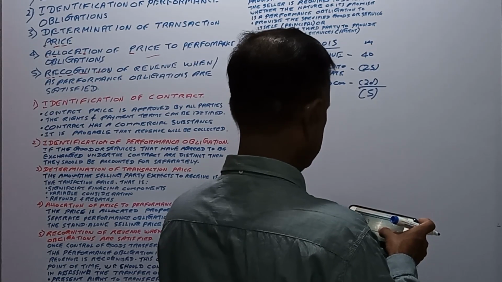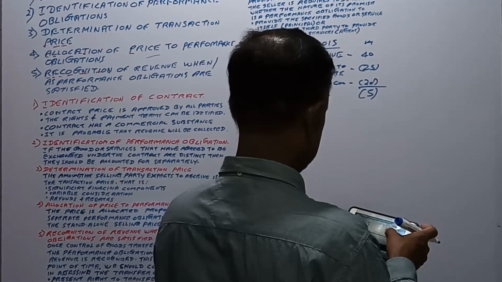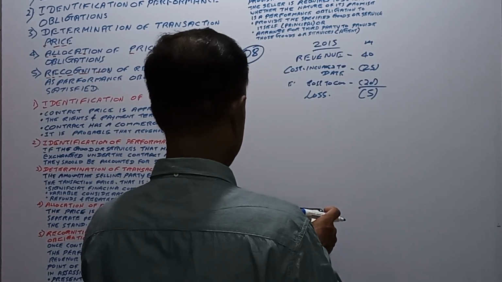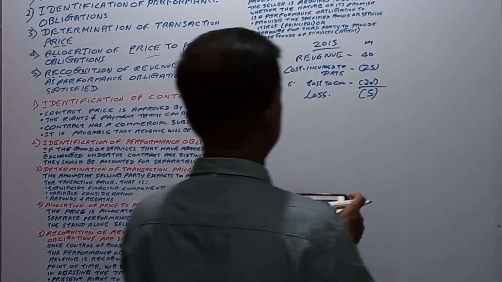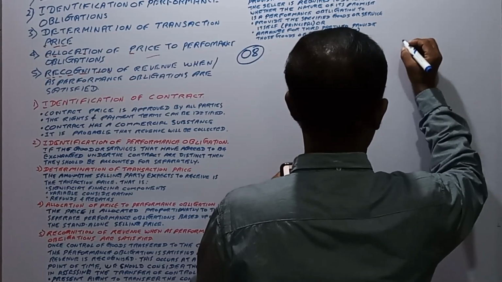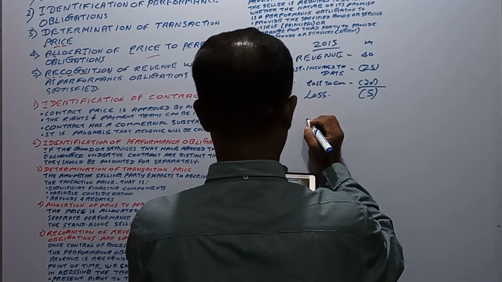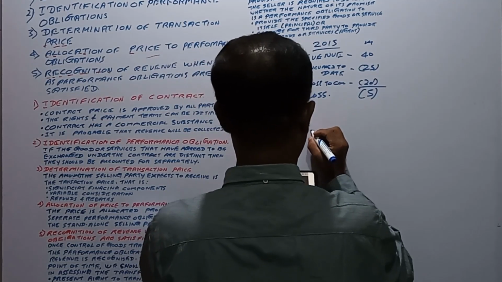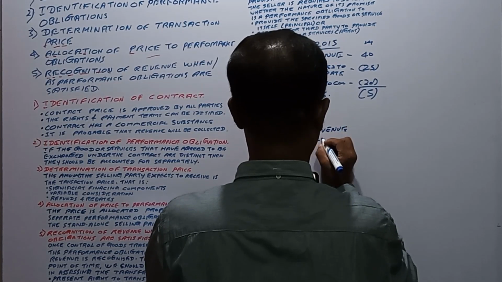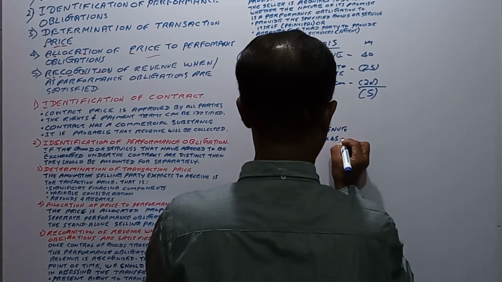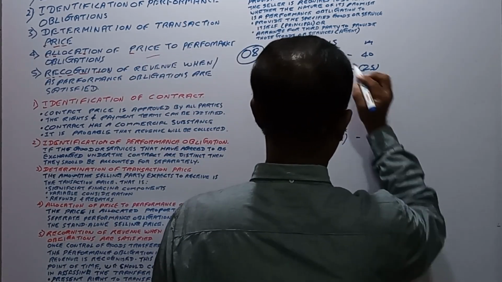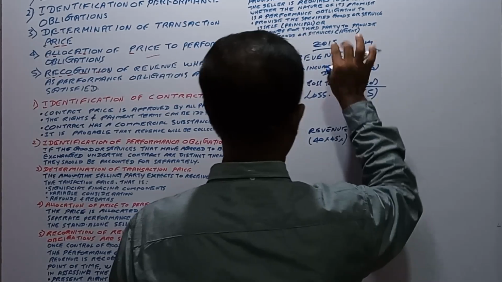The stage of completion is 45%. Then the completion revenue is 40 into 45 percentage, right? This is for the whole contract.